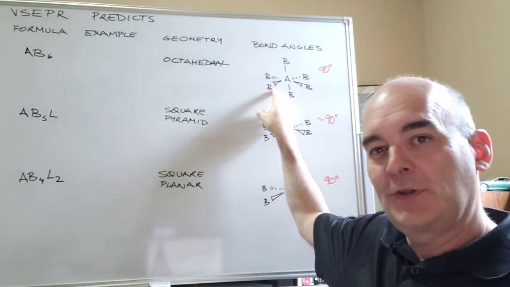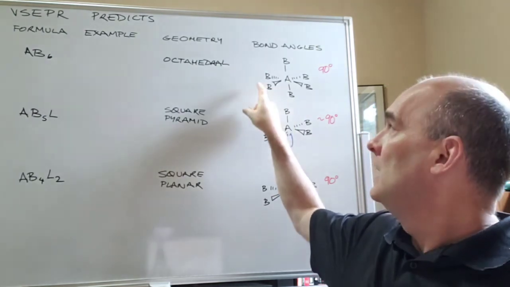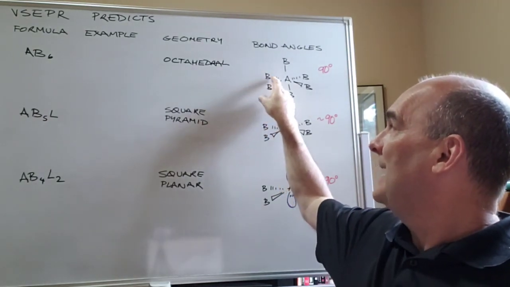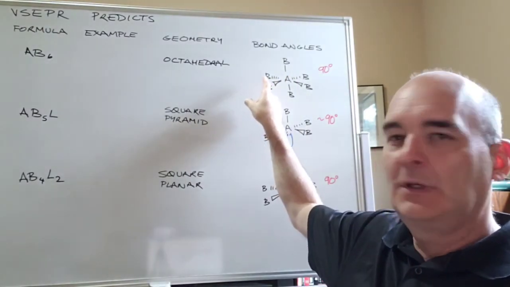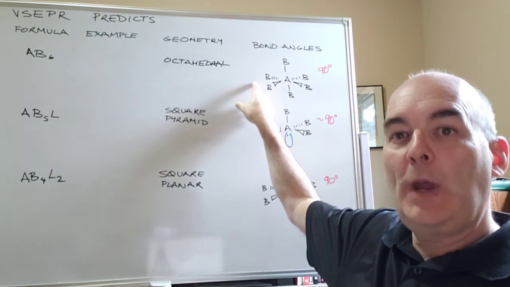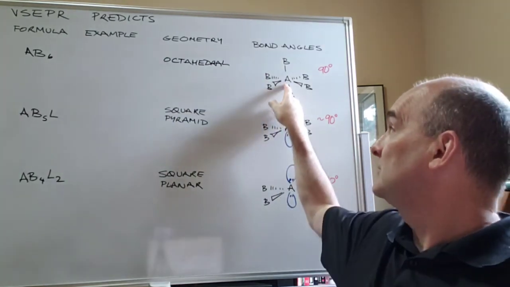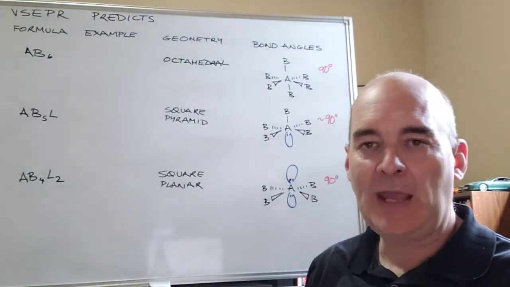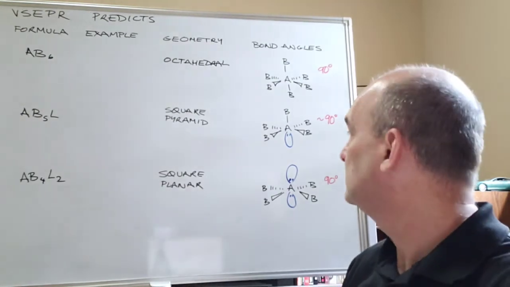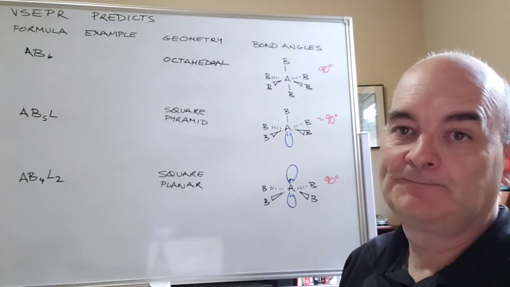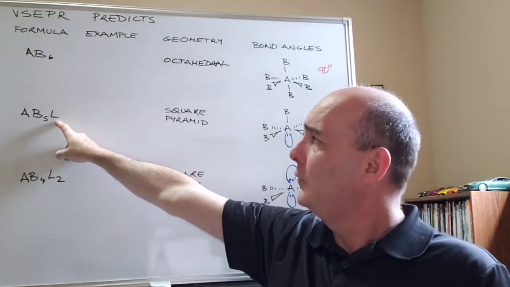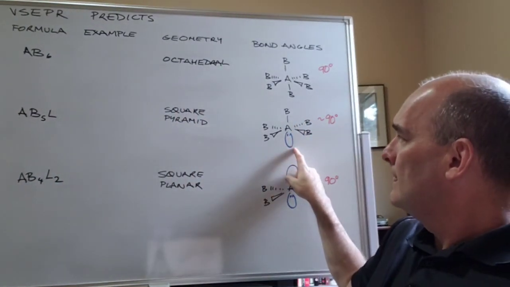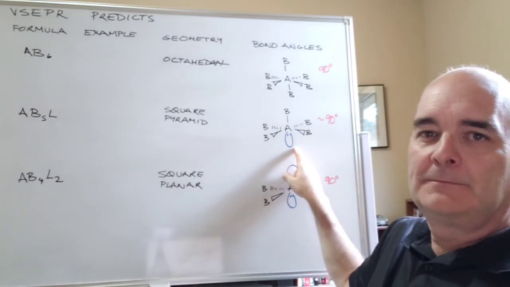It's coming towards the plane of the viewer. If it is a hatched line, that's not a dash, it's a hatch, that means that it is going away from the viewer. And if it's just a straight line, then it means that that covalent bond is in the plane of the paper.